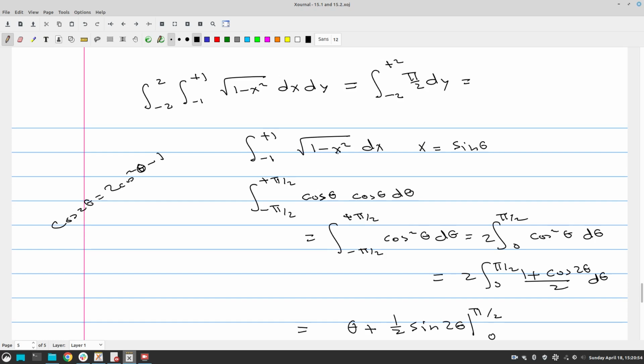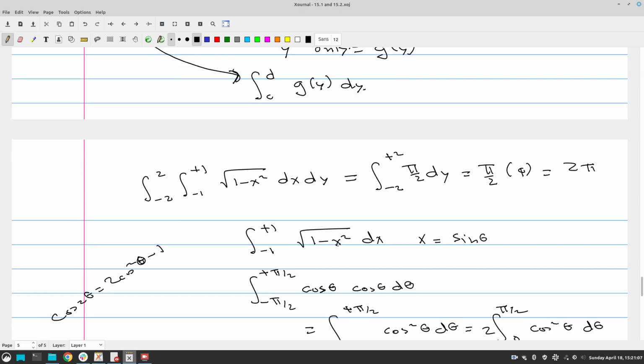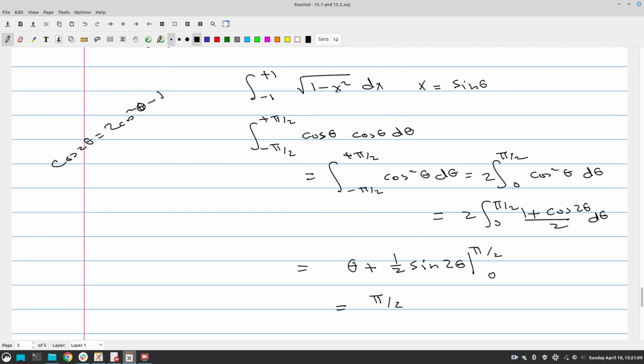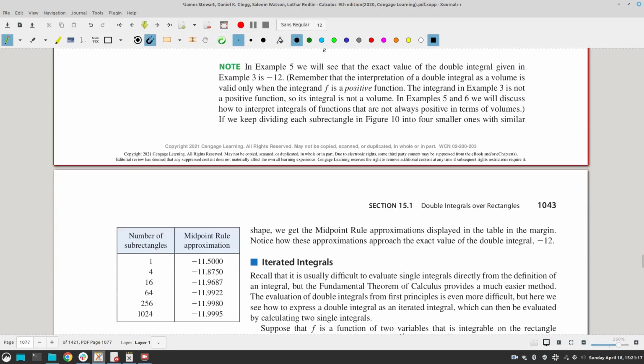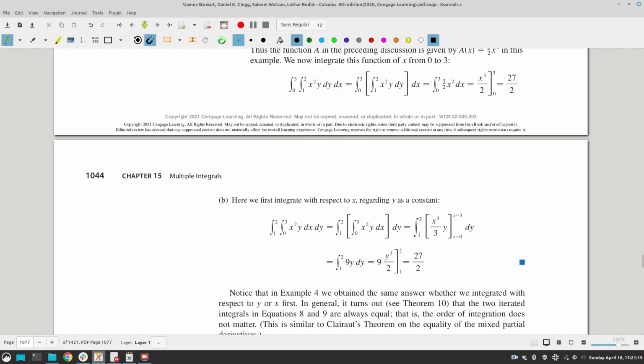But pi is a constant, so I could take it out, times 4, which equals twice pi, and you get the same answer, right? This is what we were expecting. It's exactly what we were expecting. So this is an example of how you can evaluate these integrals.